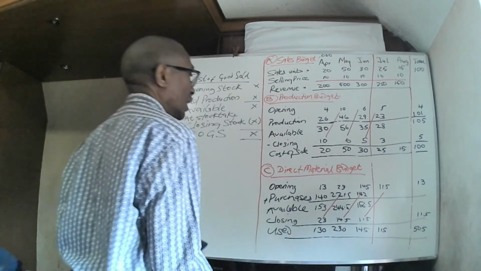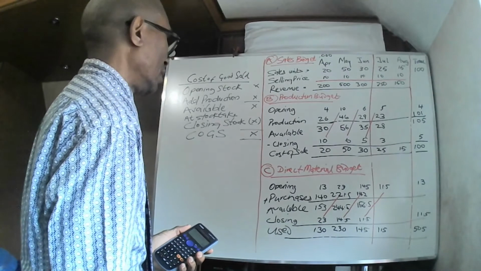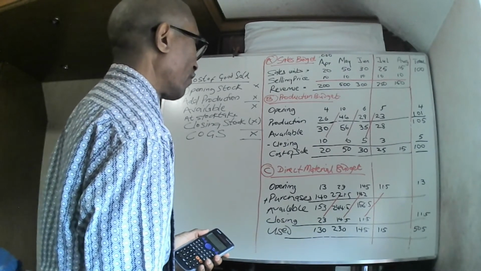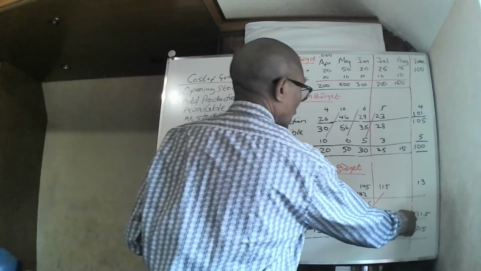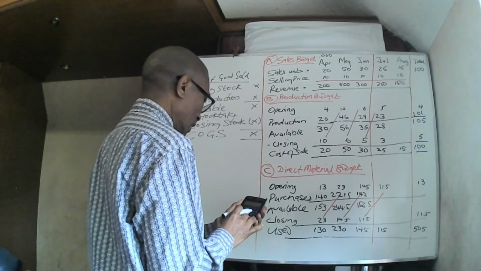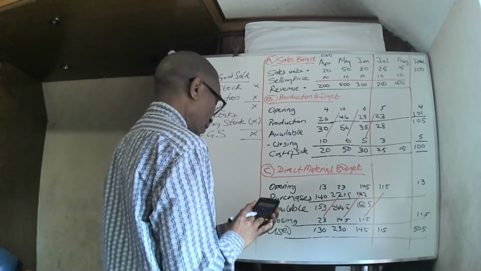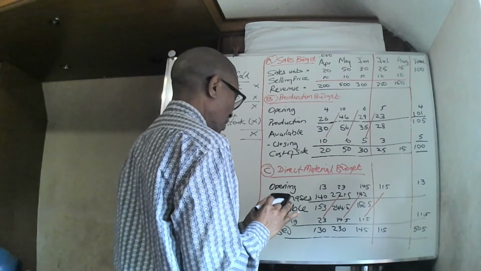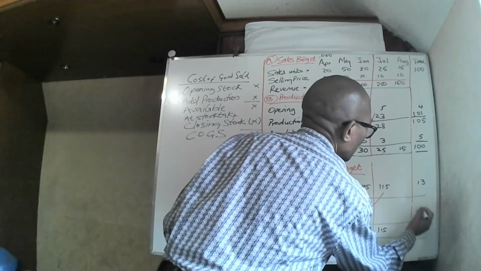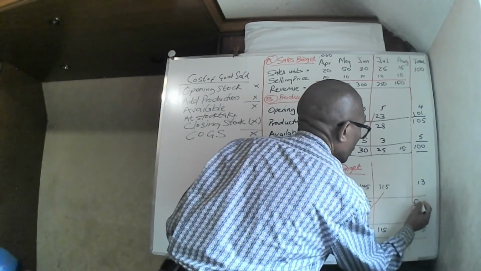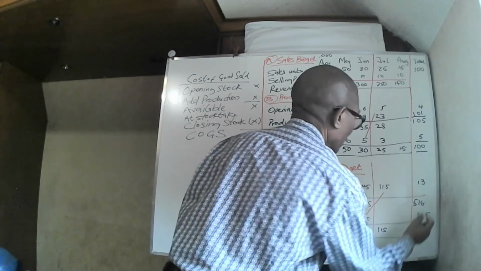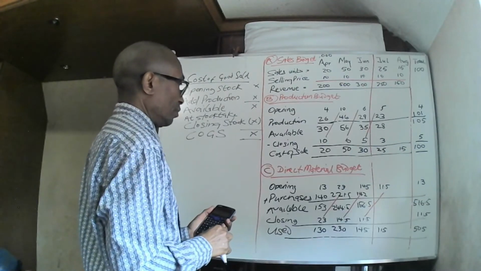If we know that total use is 505 and the closing was that, so what was total available? Add that to the plus 11.5, 516.5. That's what it should be.